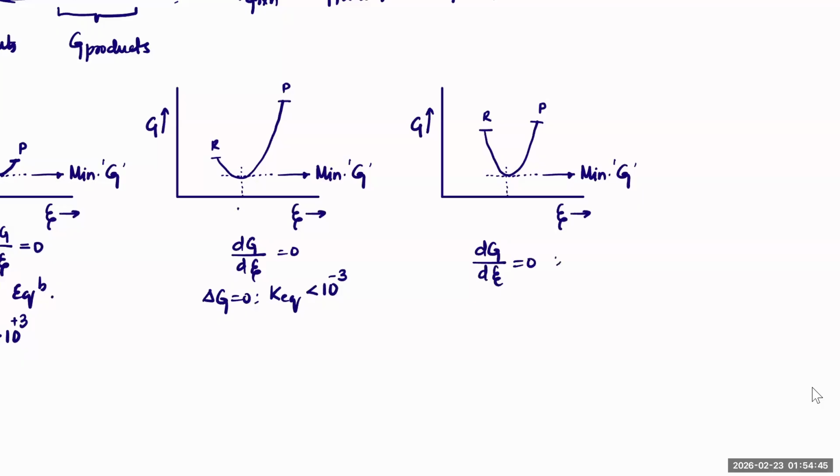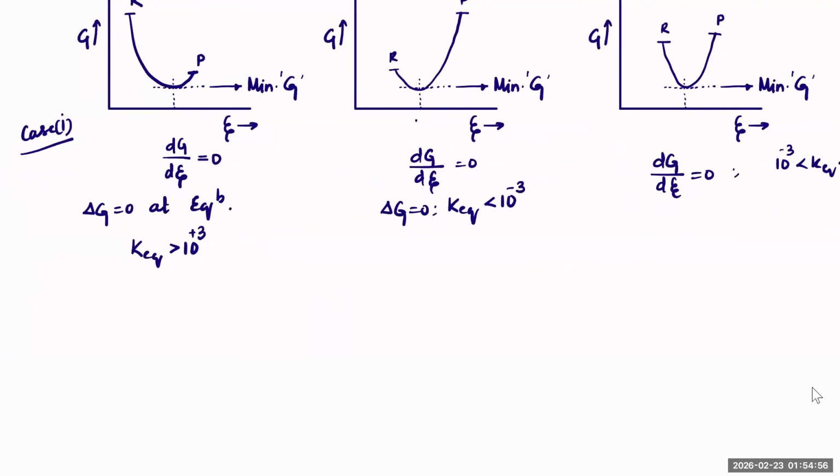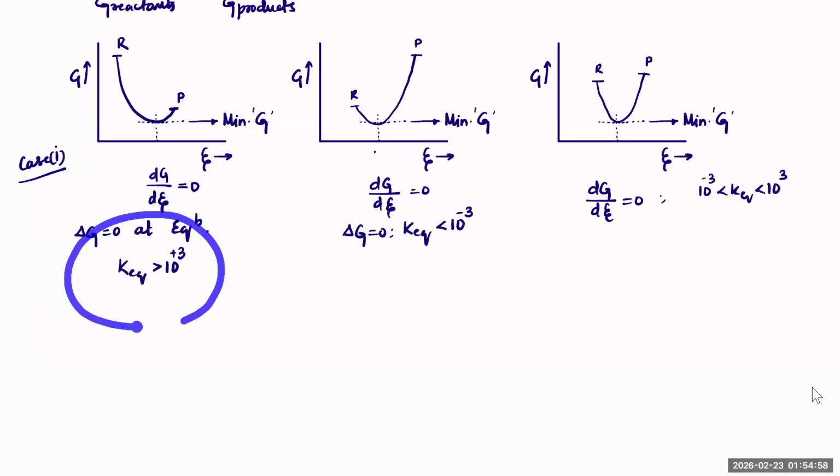This will be 0, and K equilibrium will lie somewhere between 10 raised to the power of minus 3 to 10 raised to the power of 3. Correct? See, these kinds of reactions where K equilibrium is a way higher value, we see this is almost a to-completion reaction. These are hardly started reactions. These are at general equilibrium.